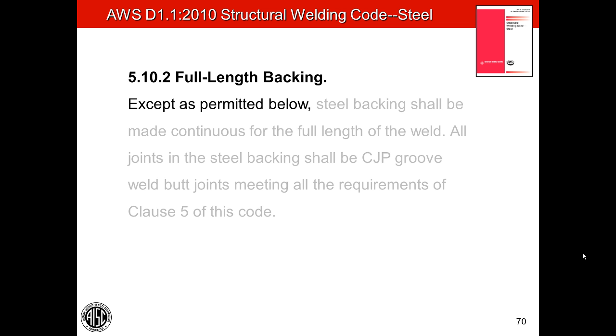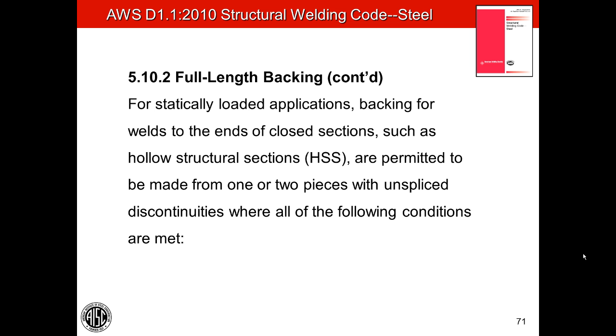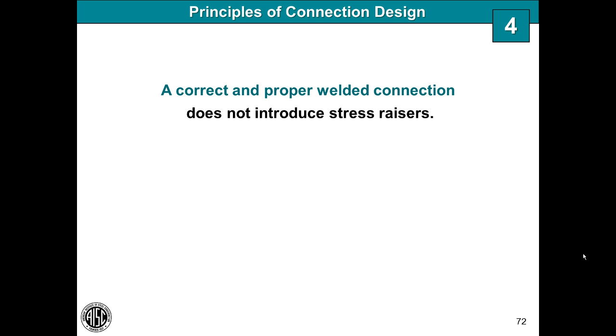I'll leave you to examine those exceptions on your own. But this is the introduction of that segment, which incidentally was a new set of provisions added in 2010. The summary, principle number 4, a correct and proper welded connection does not introduce stress risers.